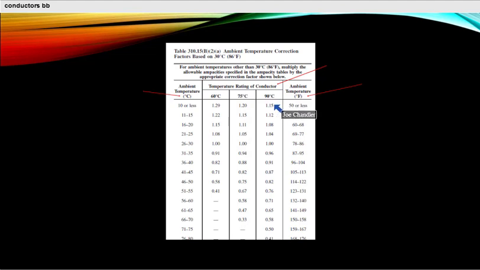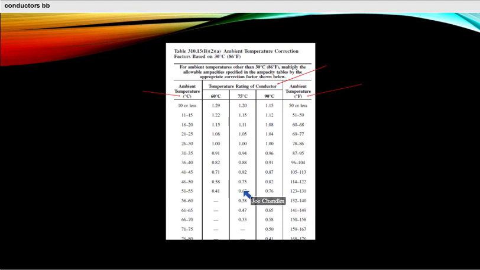And so the way this table works is, let's say that I had a 125 degrees Fahrenheit ambient temperature, and I had a 75 degree C conductor. So I would say, okay, 125 falls in between 123 and 131. A 75 degree C conductor is here.